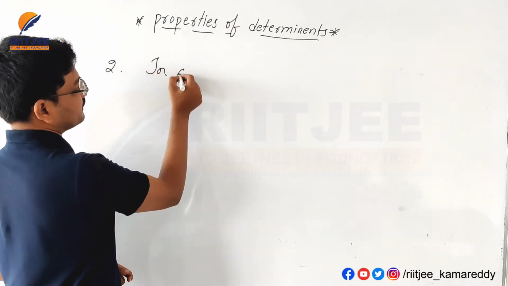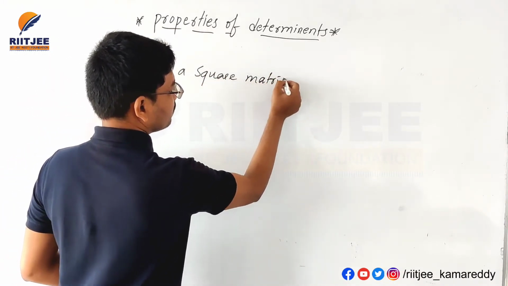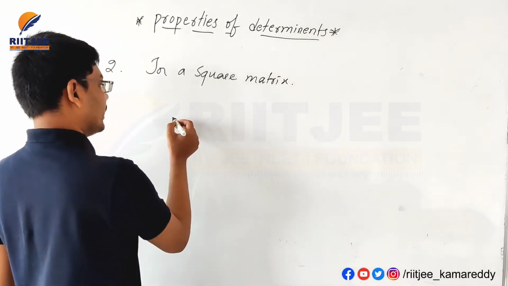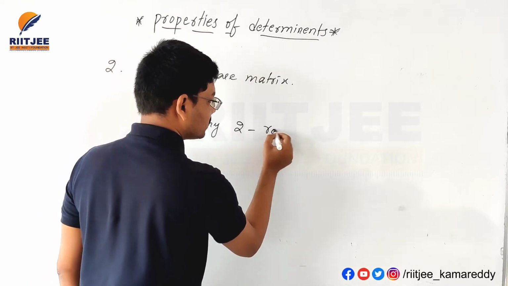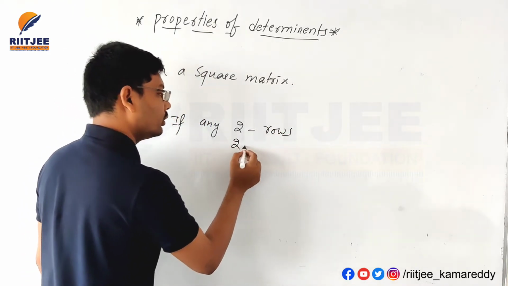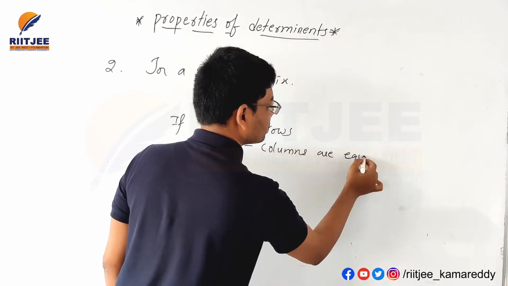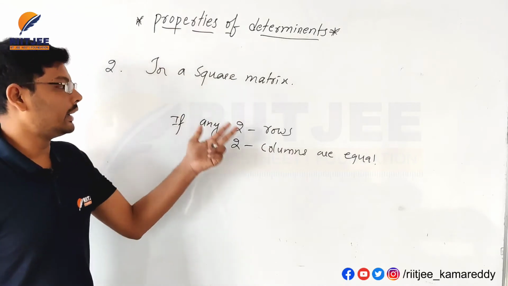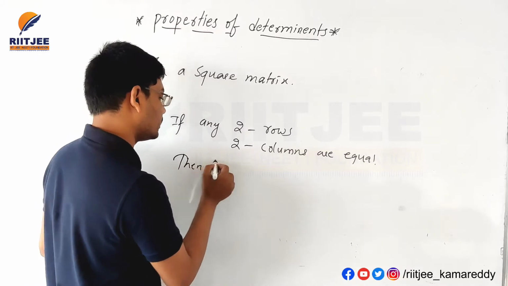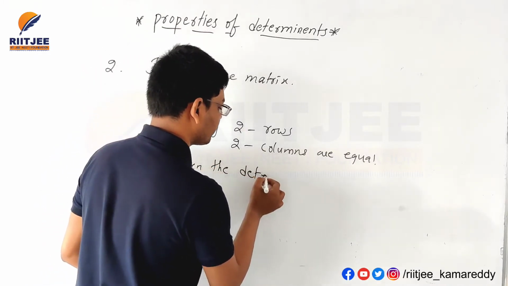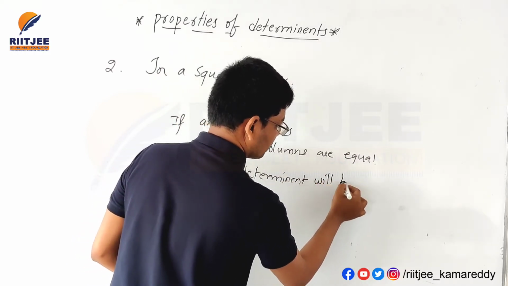In a square matrix, if any two rows or any two columns are equal, then the determinant will become 0.